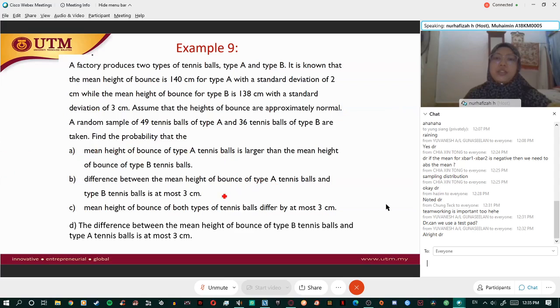A comes first, right? So A minus B. For D, B comes first, right? So B minus A. For C, they did not tell you specifically A and B. They said both, right? So this one should be the modulus. Okay?